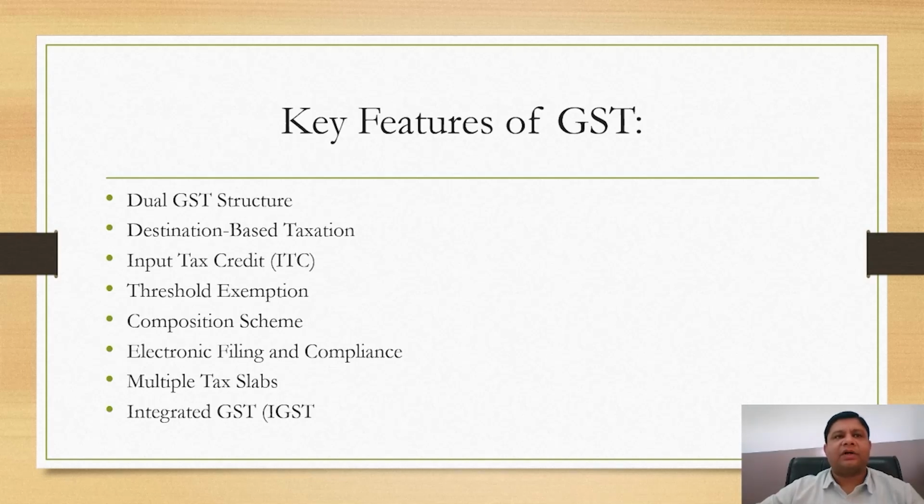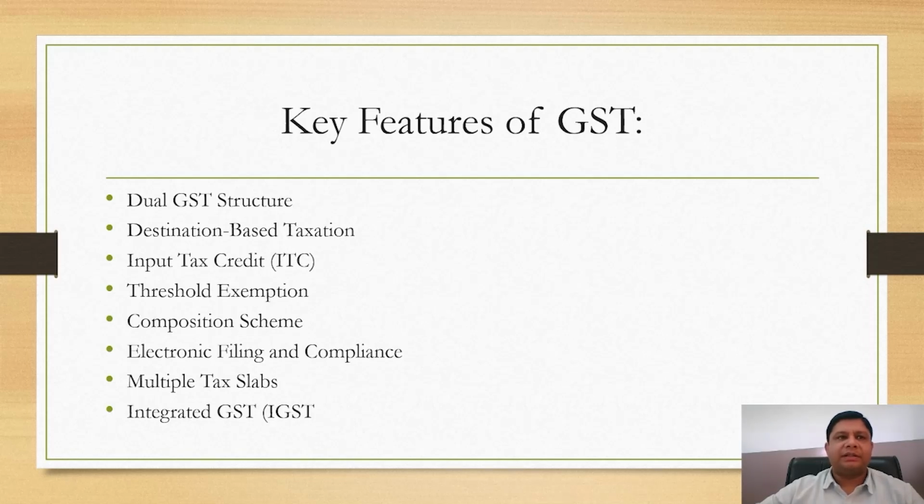Seventh feature of GST is multiple tax slabs. GST adopts a multiple rate tax structure with different tax rates for different categories of goods and services such as 0%, 5%, 12%, 18%, and 28%, along with certain goods taxed at higher rates or subject to cess.